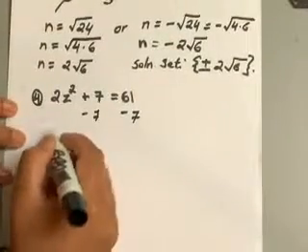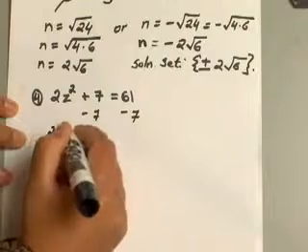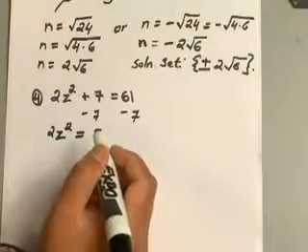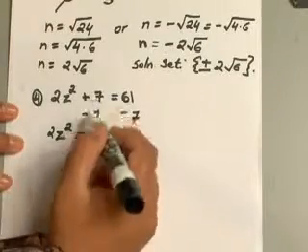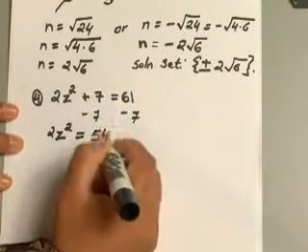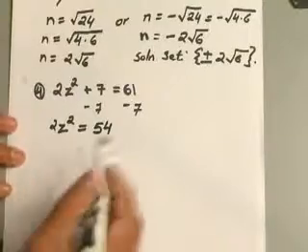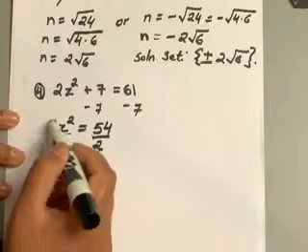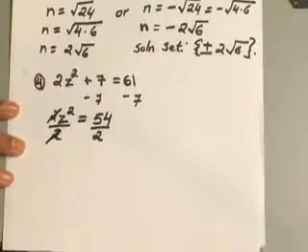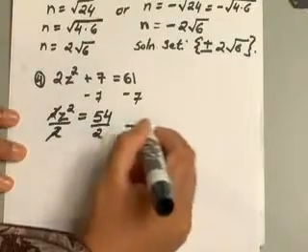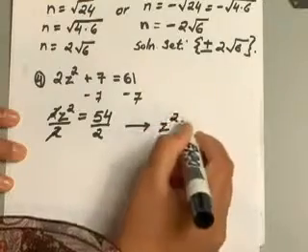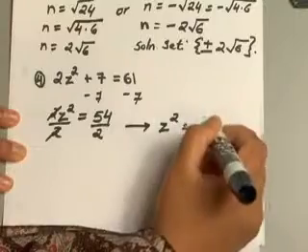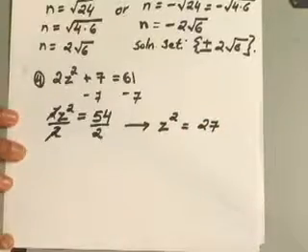Okay, so that will give us 2z squared equals 61 minus 7, which will give us, let's see, 54. Okay, and then just like we did earlier, we want to get rid of that 2 on our left hand side. So divide by 2, and you end up with z squared equals 54 divided by 2, which will of course give us 27.